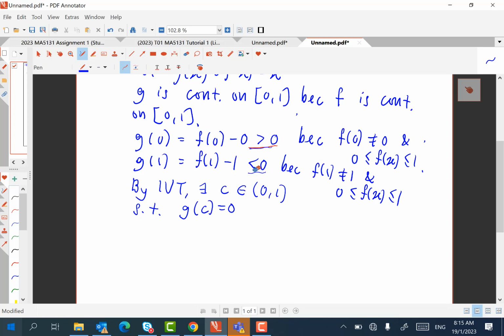You know what I mean? And if g(c) is 0, this means f(c) minus c is equal to 0. So therefore, we have f(c) equal to c. And then we are done with the third case.